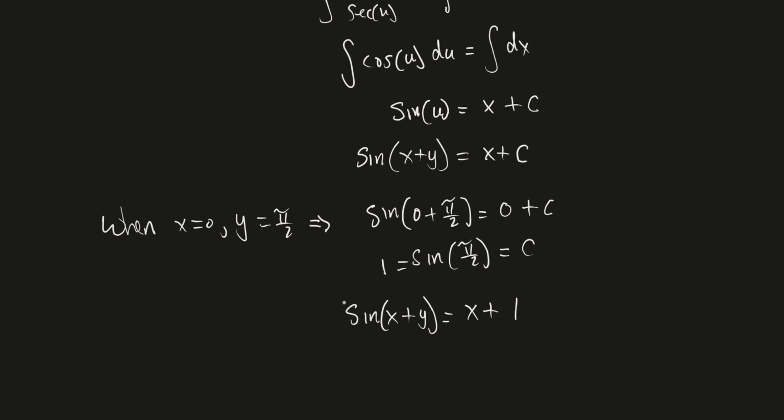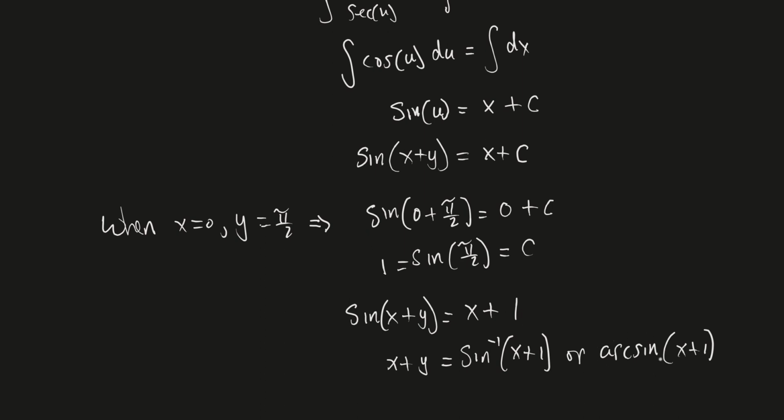Well, yes we can, because we can use arc sine, so we can take the arc sine of both sides, and it looks like this. Now, if you're used to writing arc sine, you can write it as literally arc sine of x plus 1, right? In fact, this is the form that a lot of computer algebra systems recognize.